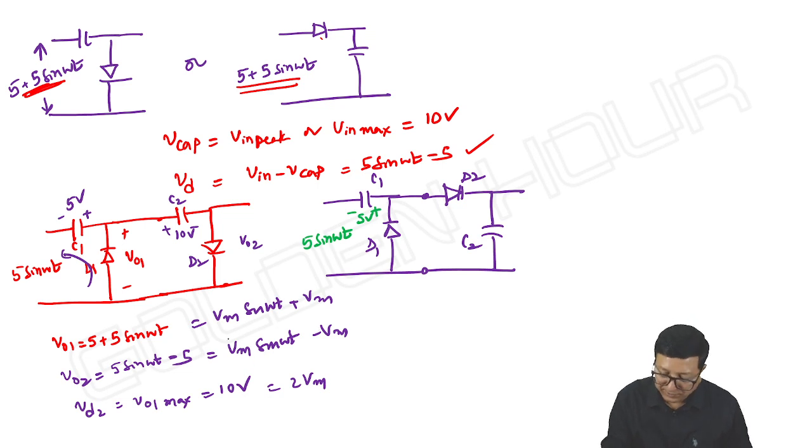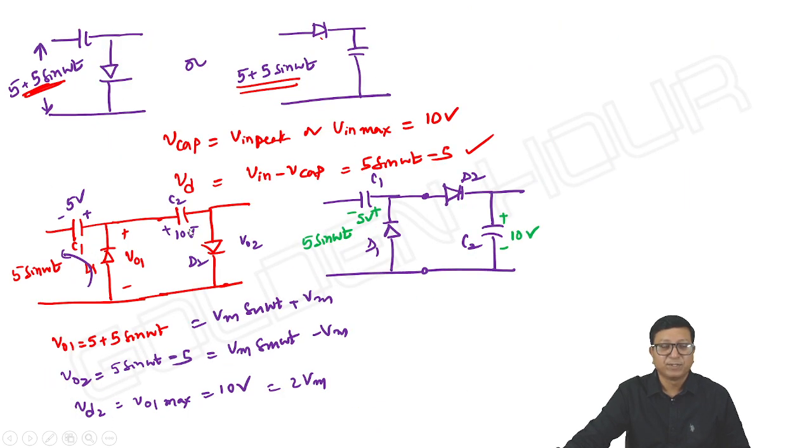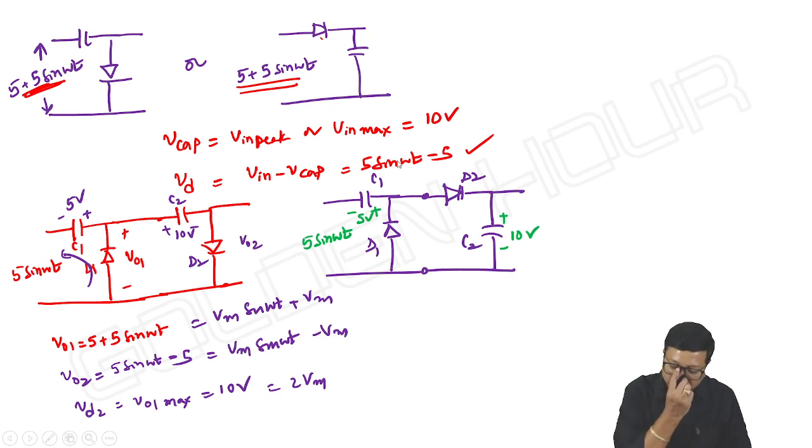Yes. So then this capacitor will charge up to 10 volts. Both circuits are same, right? If I give 5 sin omega t to this circuit or this circuit, the operation remains the same. Instead of 5 sin omega t, I am giving 5 plus 5 sin omega t. So what about V capacitor and Vd? Now I can just change its name like C2 D2, D2 C2, doesn't matter.